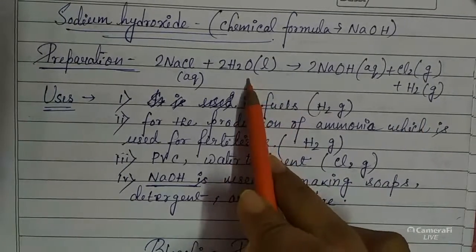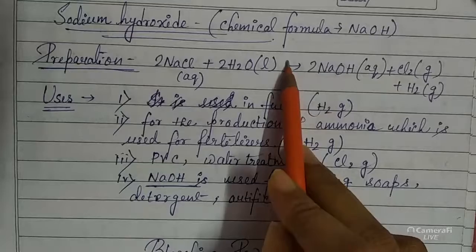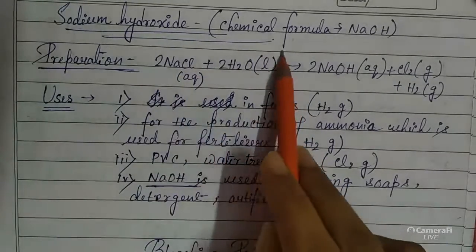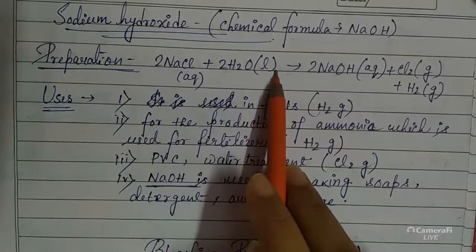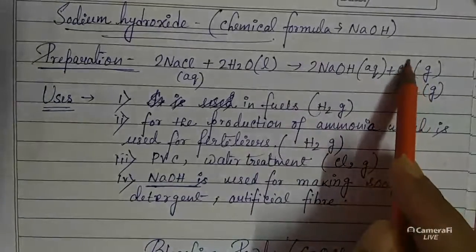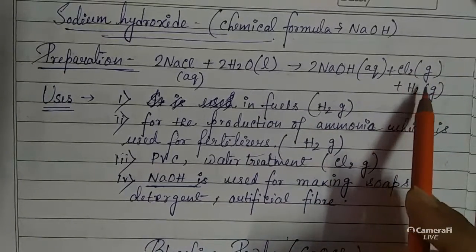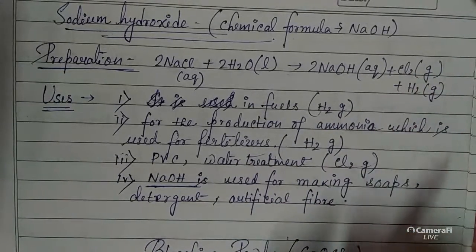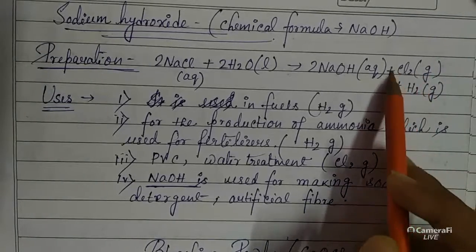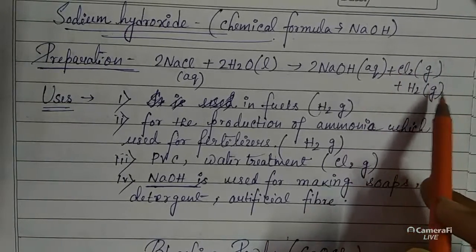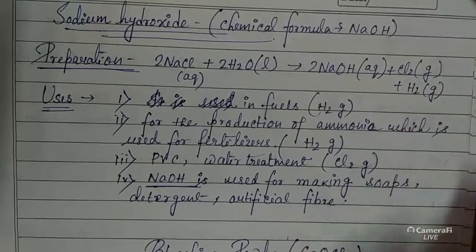We have to pass electricity throughout the reaction, otherwise it will not produce chlorine gas and H2 gas. This is actually the cell reaction. In the anode chlorine gas will be produced and in the cathode hydrogen gas will be produced.